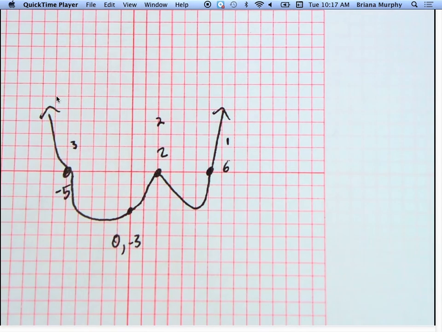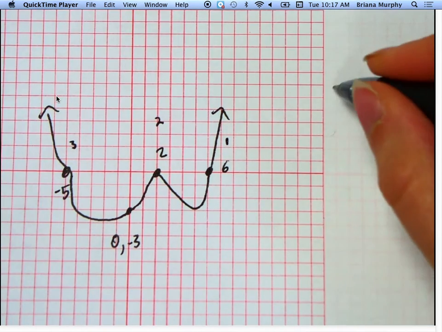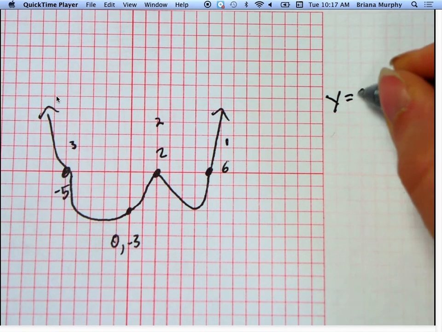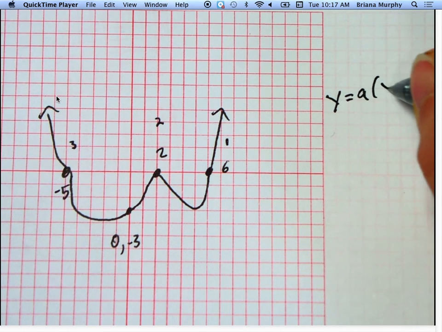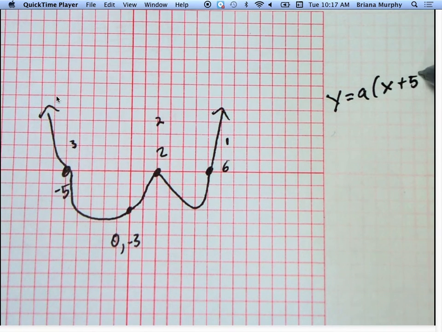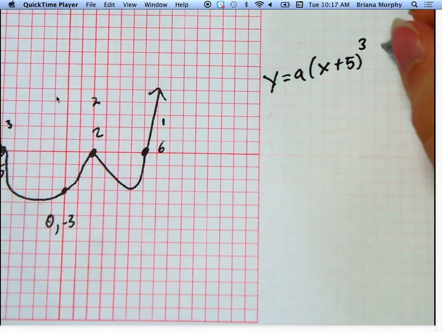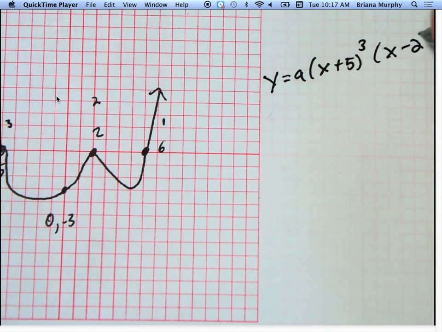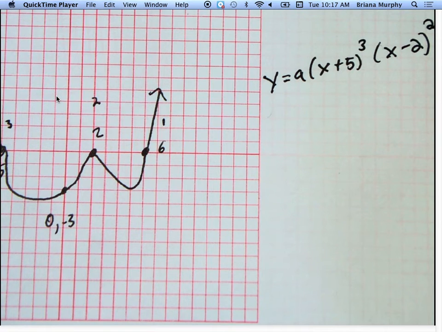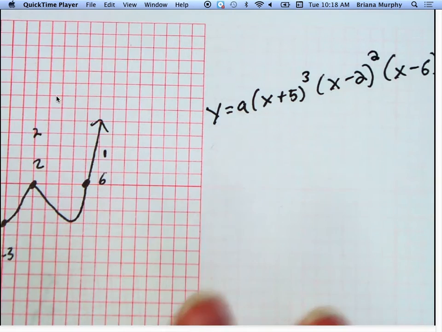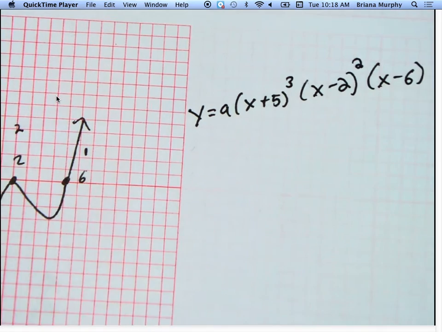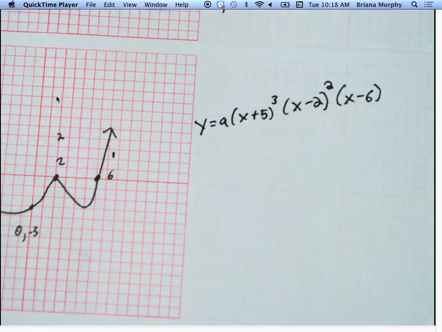Okay? So I have y equals a times x plus 5 cubed, times x minus 2 squared, times x minus 6. Does that make sense? With those squiggles and those bumps?